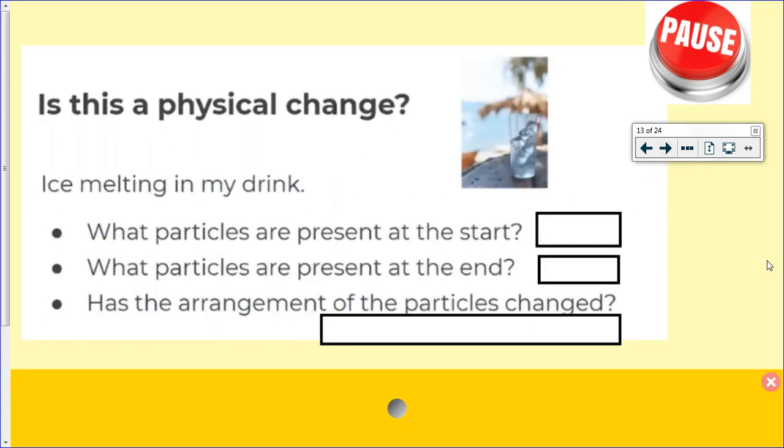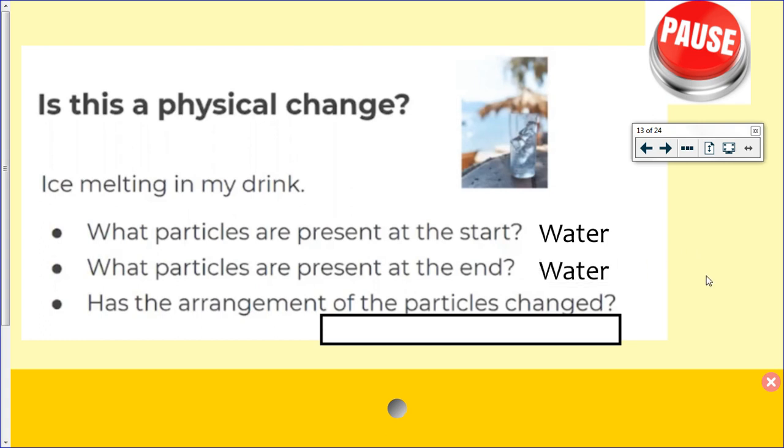How about this one then? Ice melting in my drink. What particles are present at the start? What particles are present at the end? Has the arrangement changed? So, very similar to the last one. Ice is water particles. When it melts, it becomes a liquid, which is still water particles.